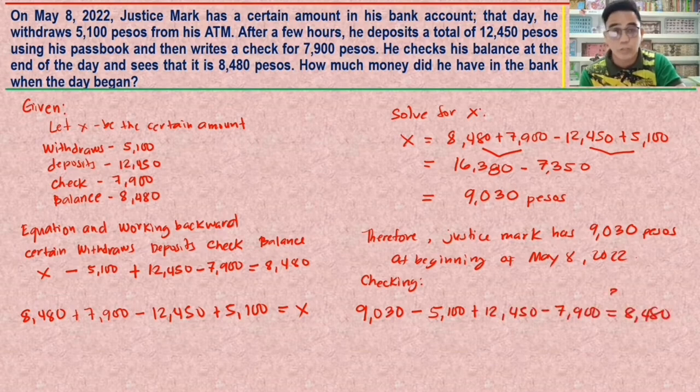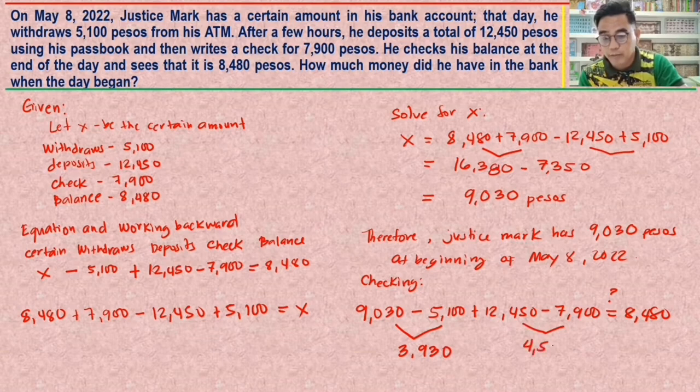We're going to put a question mark here because we don't know yet if it is right or wrong. Let's do the simultaneous operation here. So 9,030 minus 5,100 equals 3,930, while 12,450 minus 7,900 is 4,550.